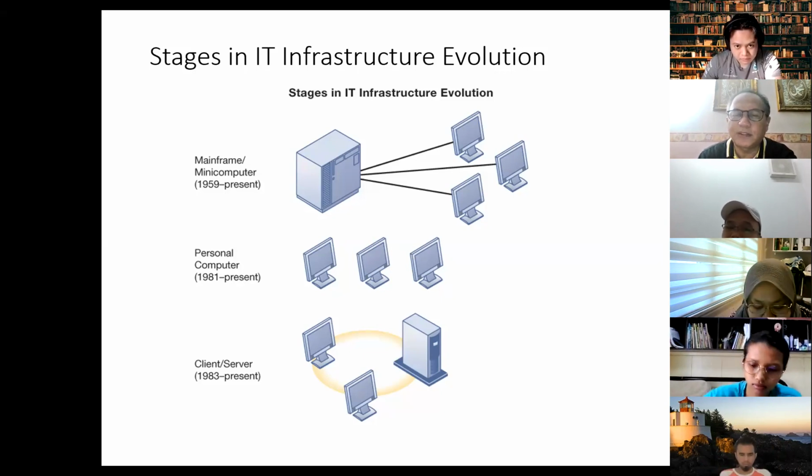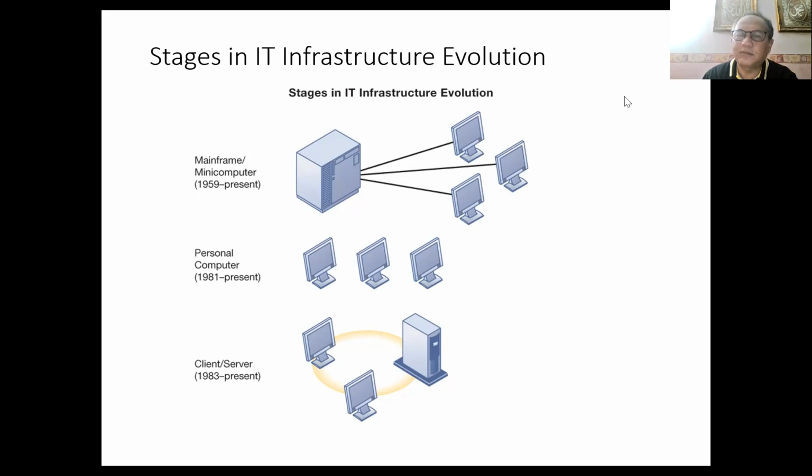Mainframes are large computers connected to terminals. We call them dumb terminals, or sometimes we also call them thin clients. So this is the mainframe connected to the dumb terminals and thin clients.